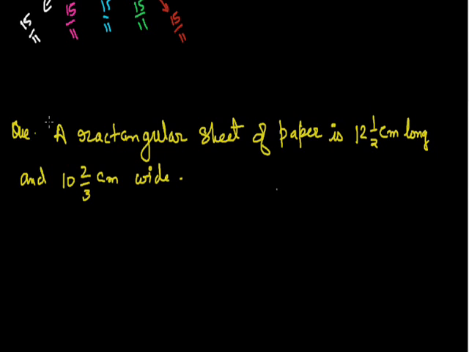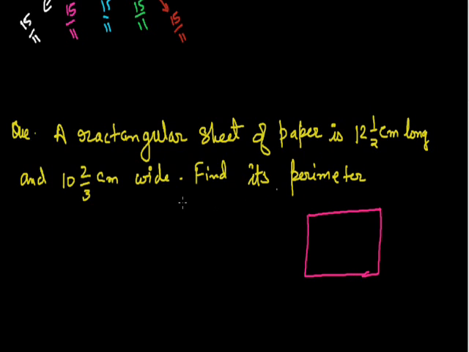Then we have to find its perimeter. Now we have a rectangle whose length is 25 by 2. 12.5 means 25 by 2 centimeter, and whose width is 32 by 3 centimeter.